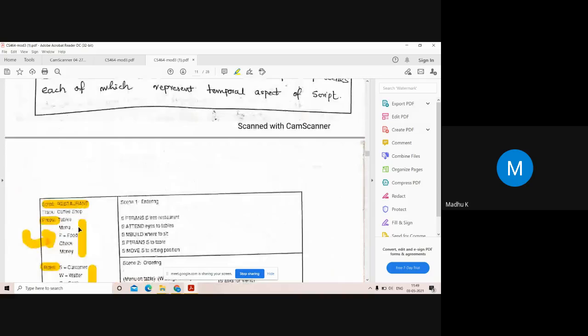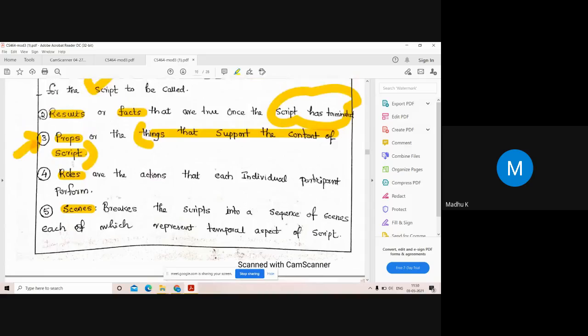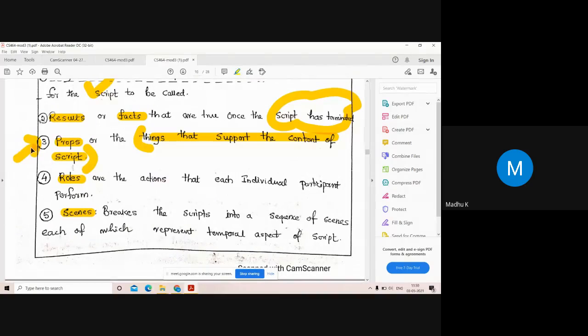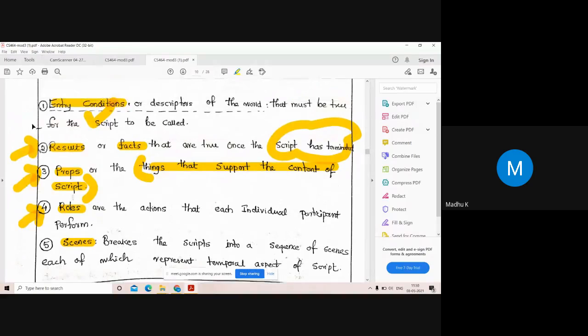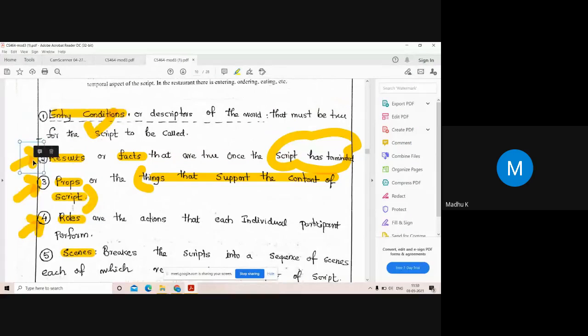We are trying to familiarize with the script system and find out the components in that. So we discussed props, which are the things in the script, roles, which are the actors in the script, then result. After the script terminates, it should produce a result.